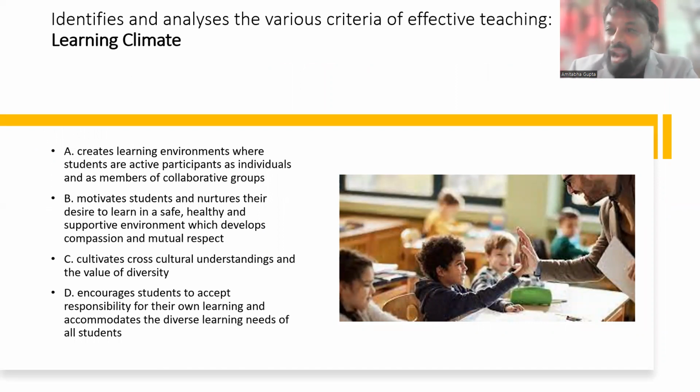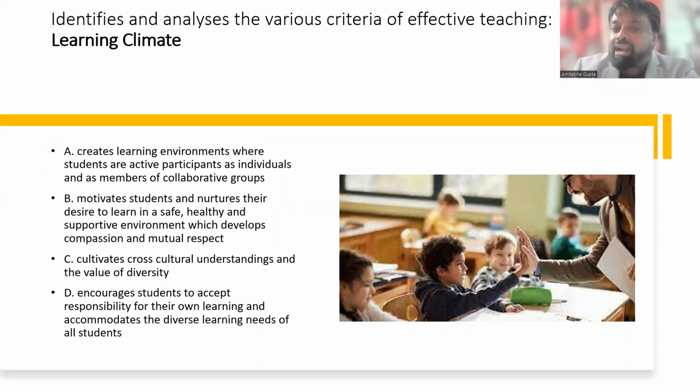Number 1 is the learning climate. Create a learning environment where the students are active participants, as individuals and as members of collaborative groups as well. Motivate students and nurture their desire to learn in a safe, healthy, and supportive environment which develops compassion and mutual respect.